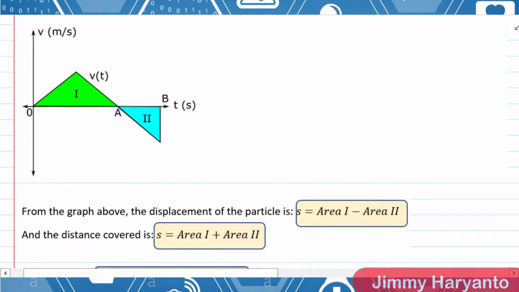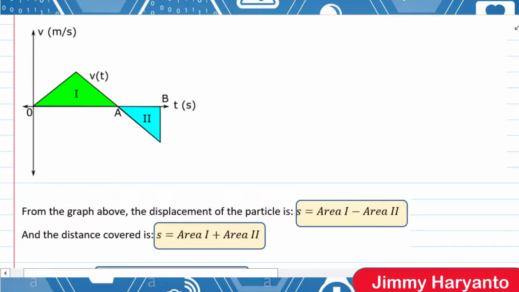That means for displacement, you have to subtract it when the first area is above the t-axis and the second area is below the t-axis. The area below the axis will have a negative value, so the second area will be negative.